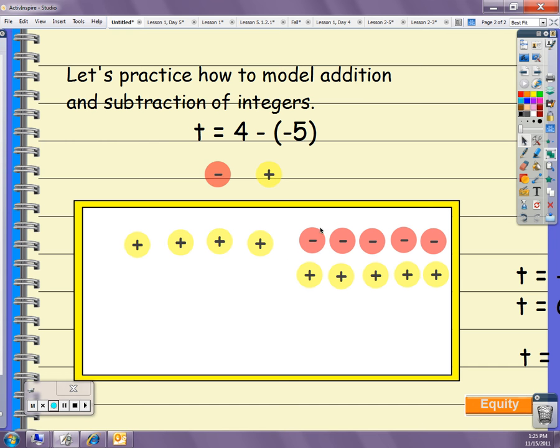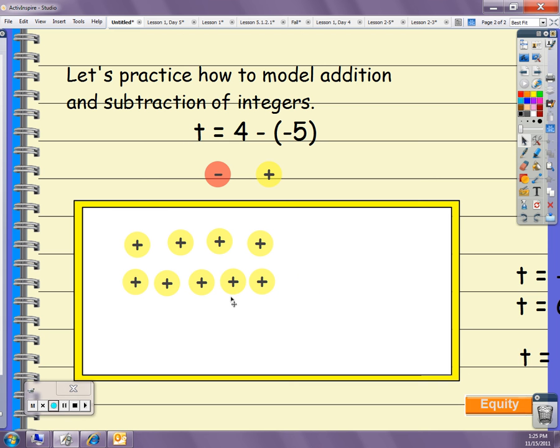Now, however, I can go ahead and remove 5 negatives from the mat. When I remove those 5 negatives, I'm left with 4 positive counters plus the 5 positive counters for a grand total of 9. So therefore, t equals 9 for this equation.